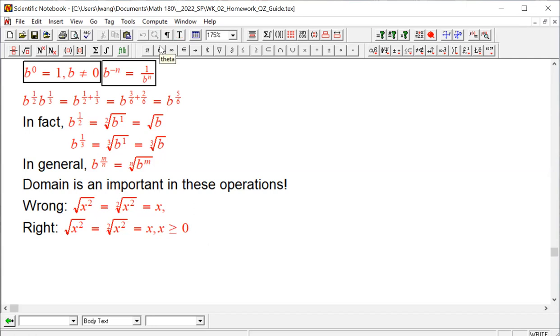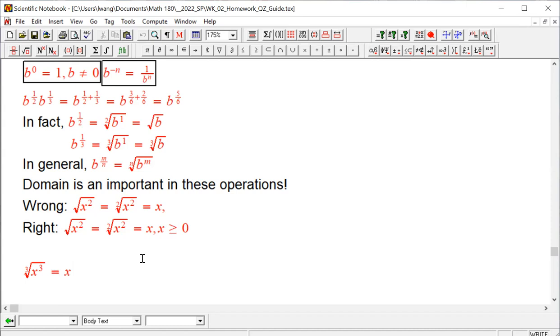And so it is very important to be aware of the domain. And the other factor I'd like to mention is that depending on whether the root is an even number or an odd number, it makes a big difference. For odd number roots, usually there's no problem. Okay, for example, if we have the cubic root of x cubed, in this situation, yes, it just equals x, right?